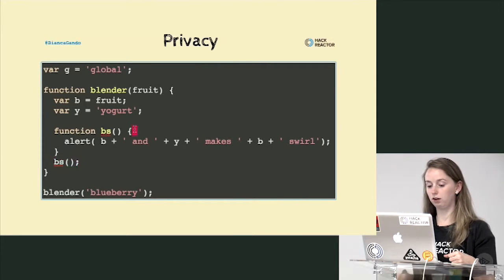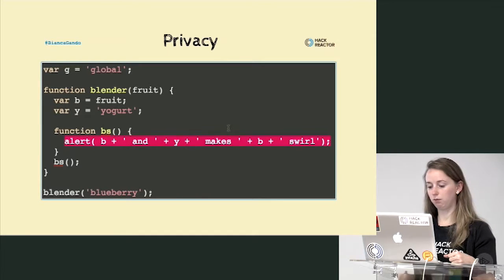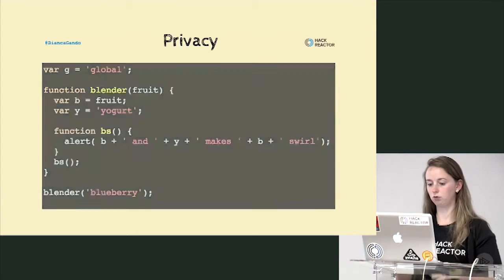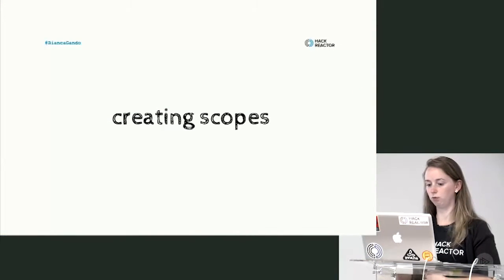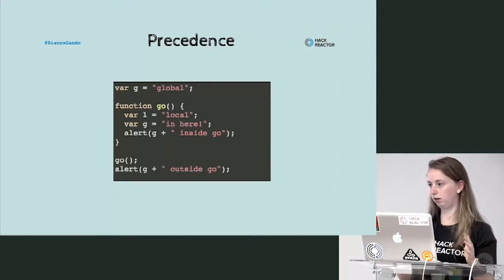And at that point we go into the function body, and we alert blueberries and yogurt make a blueberries swirl. And then at that point, this function is out, and it comes out here and goes into the next line, if there was a next line underneath. So that's how the code would run, a very crude understanding of how it's run.